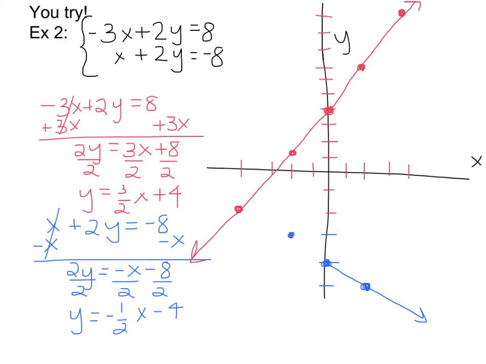Go up 1, go to the left 2, and look, my 2 lines intersect at this nice point right here. So the answer to my system is -4, -2. That's where my 2 lines intersect.